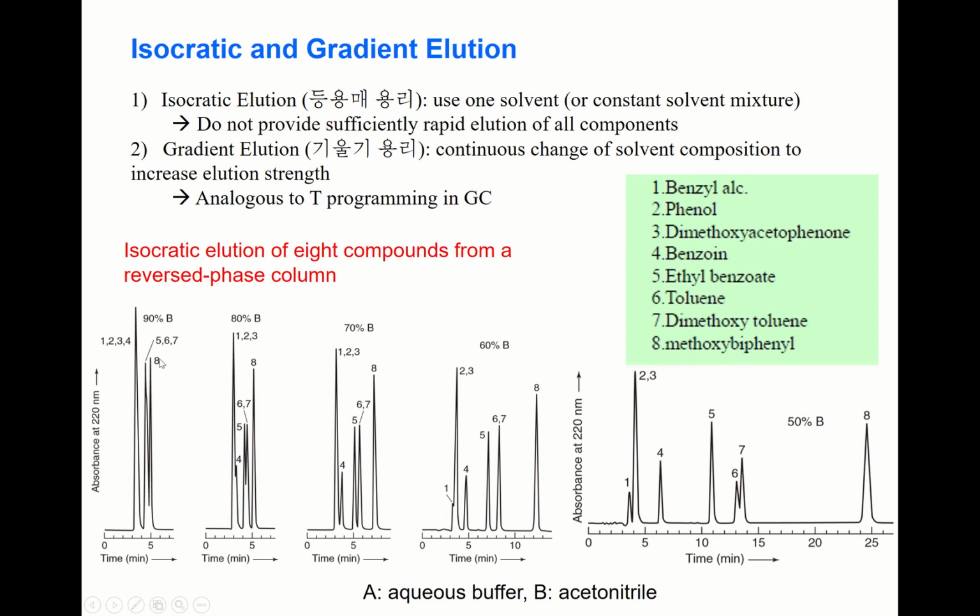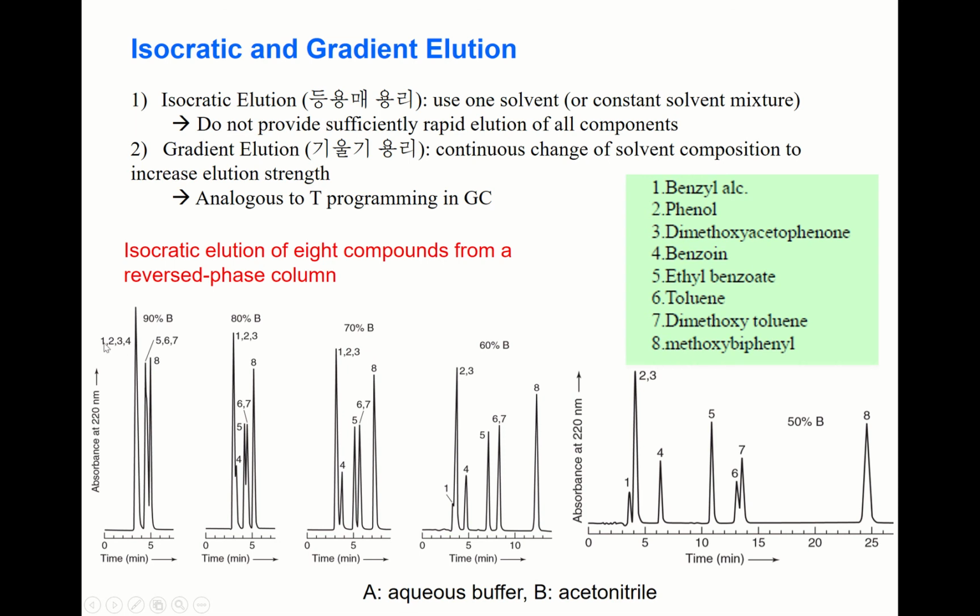Here it is the first one. It says 90% B. It doesn't say any A. A is aqueous solution, B is acetonitrile. So 90% B means 10% aqueous solution. And as you see here, the separation is quite poor.